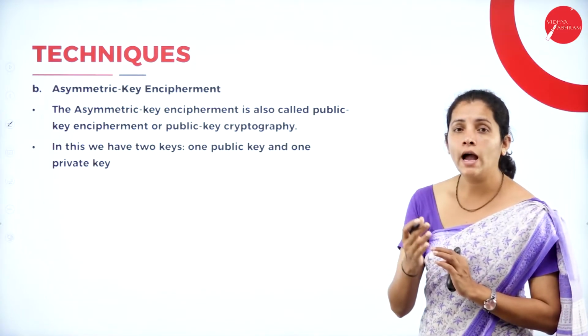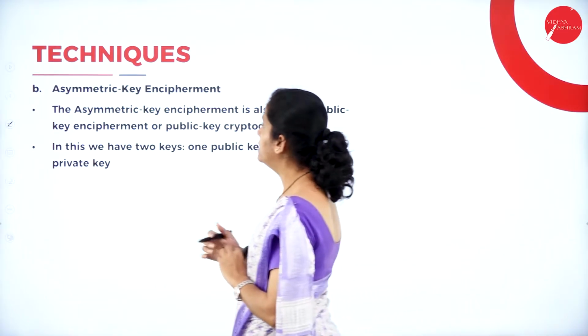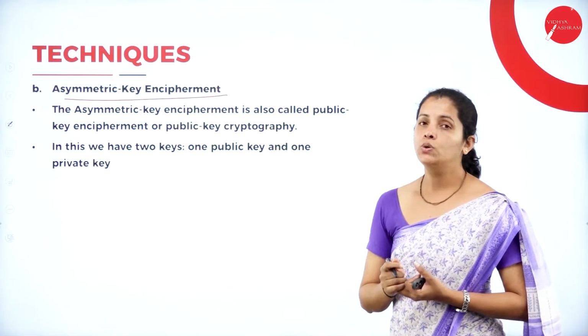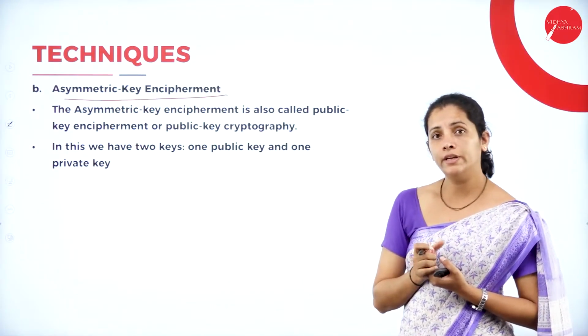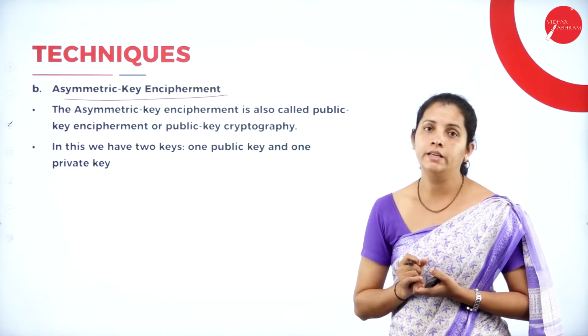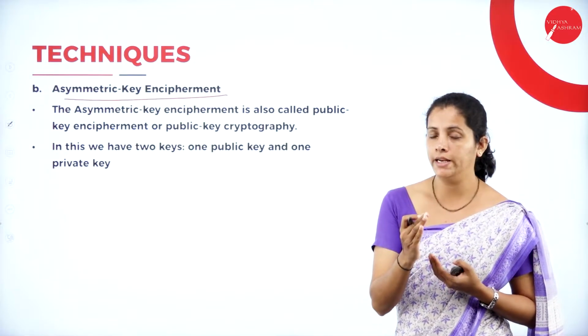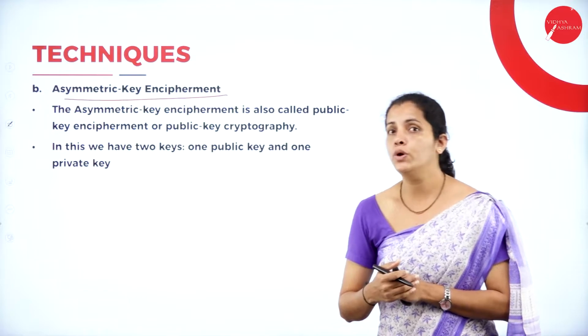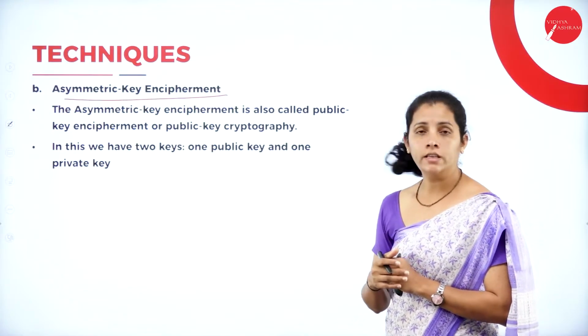Then I'm going to have another type, that is asymmetric key encryption. Here the name itself indicates that we are going to have two different keys. That means to encrypt the data, we have one separate key, and to decrypt the data, we have another key.